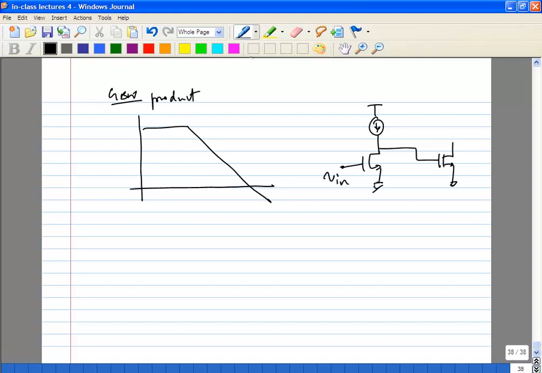What we are going to assume is it's driving an identical amplifier. That's a very good way to characterize the bandwidth of the circuit itself. So let's assume that has some load capacitance CL. Your voltage gain of your circuit is, in this case, gm RDS over 1 plus s CL RDS.